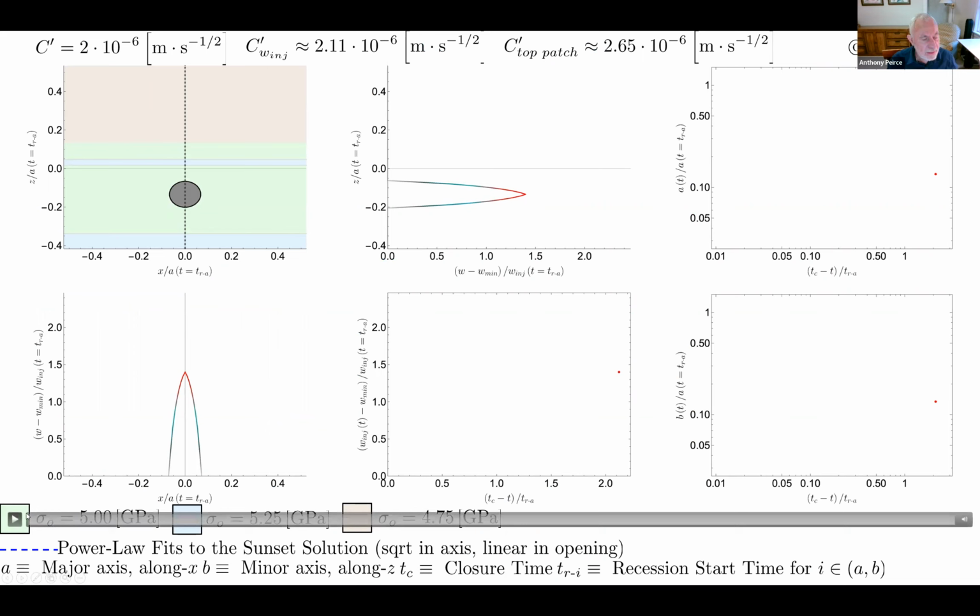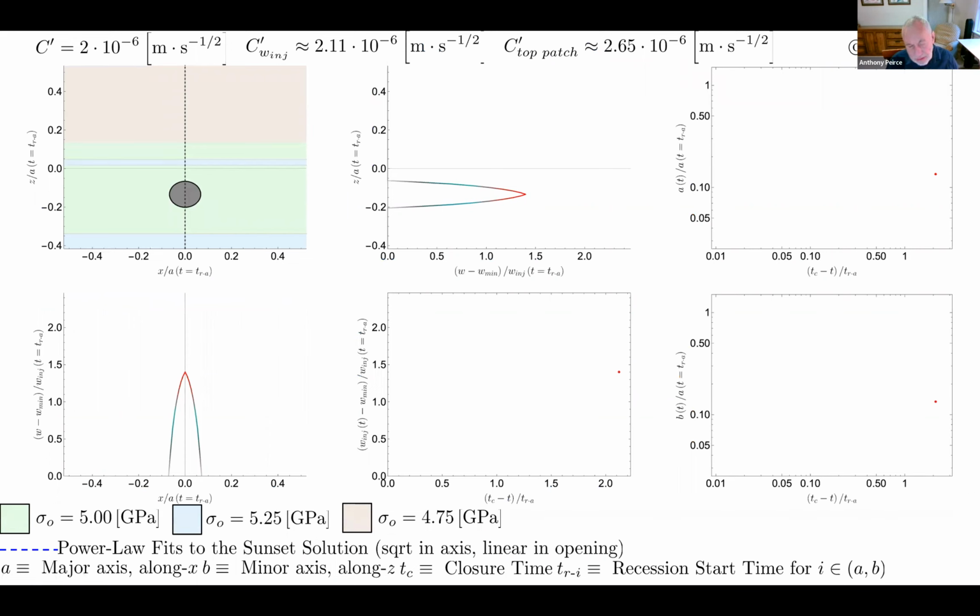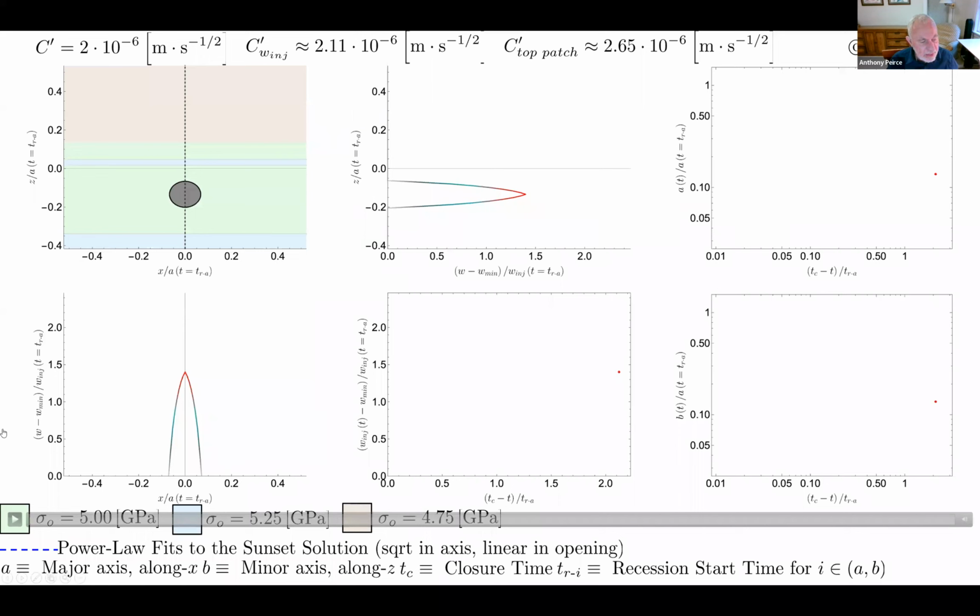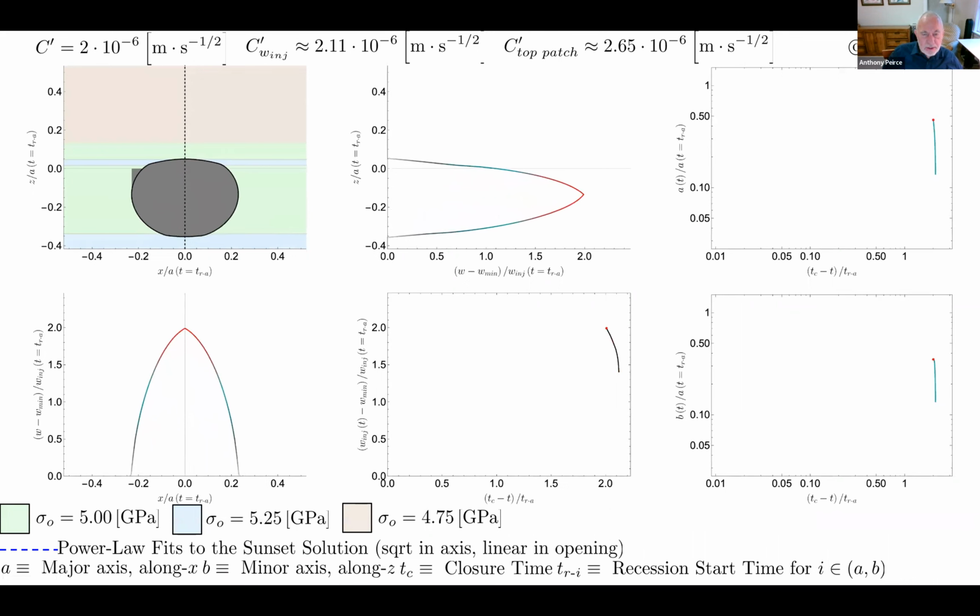Here's a view graph that Andreas prepared. This is a case where there's a homogeneous Leakoff coefficient, and the green zones have an intermediate stress, the blue zones have a higher stress, and then there's a stress drop to 4.75 GPa in the red zone. Here's the evolution of the fracture.